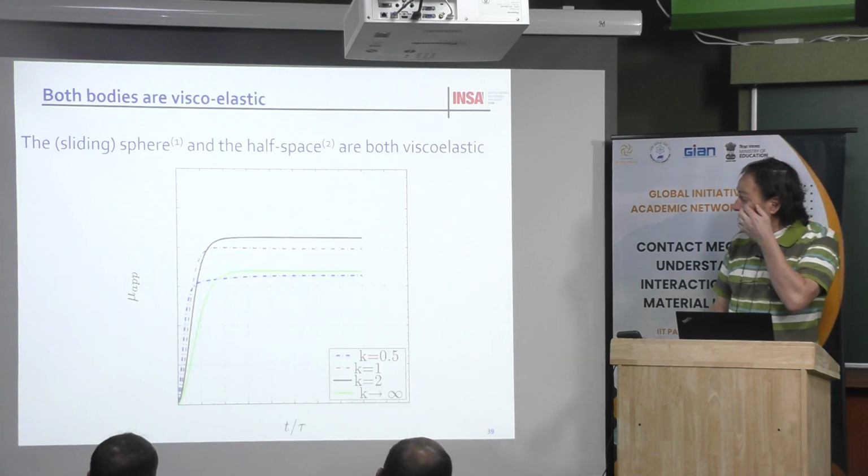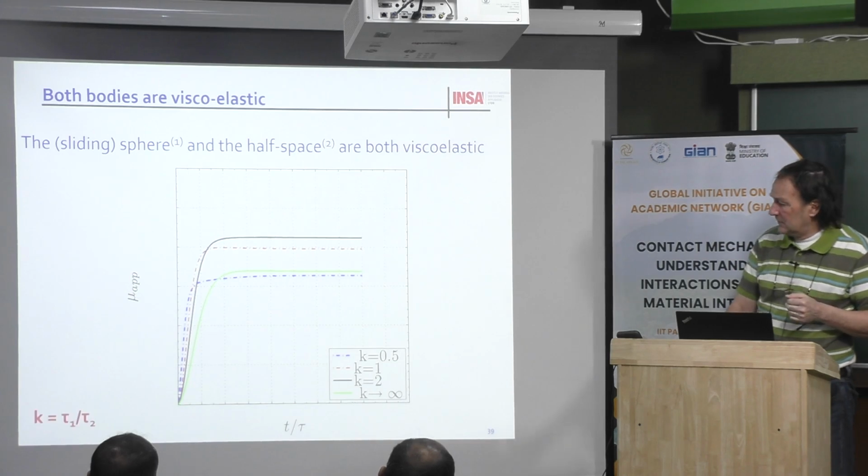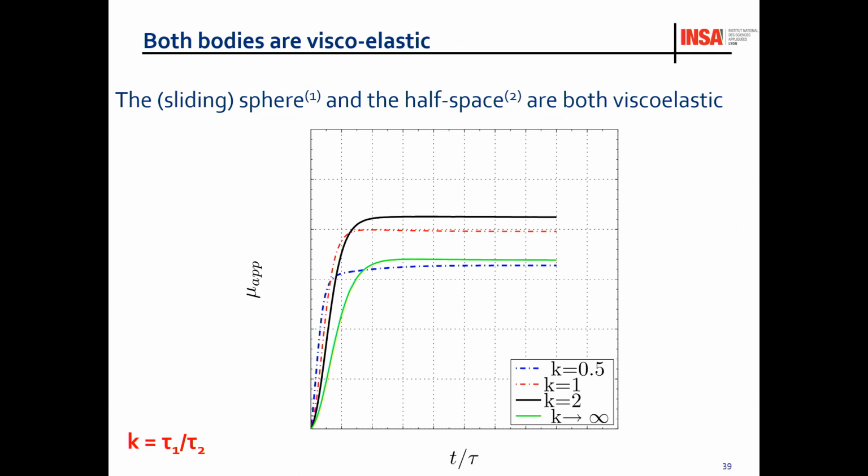Also, we did some tests with two viscoelastic materials. Here, Ke means that the sphere is viscoelastic and the half plane is viscoelastic. But we consider here two different relaxation times. If tau1 equals tau2, this is the red line, you have this solution. Then in fact you have the same material.